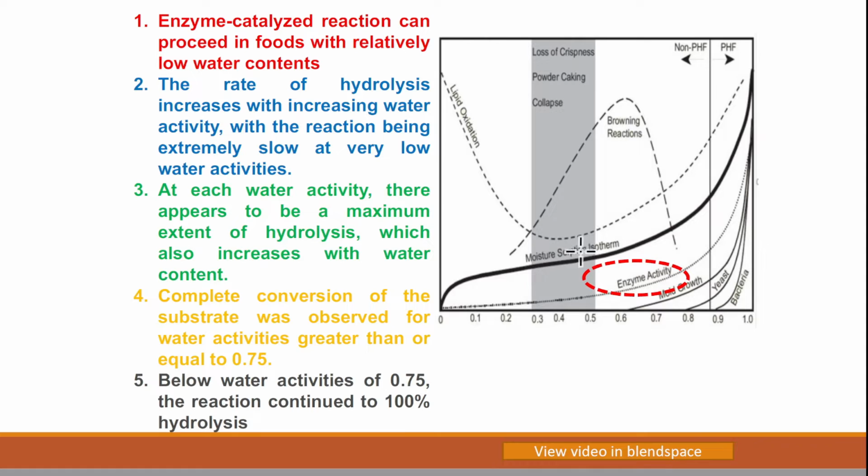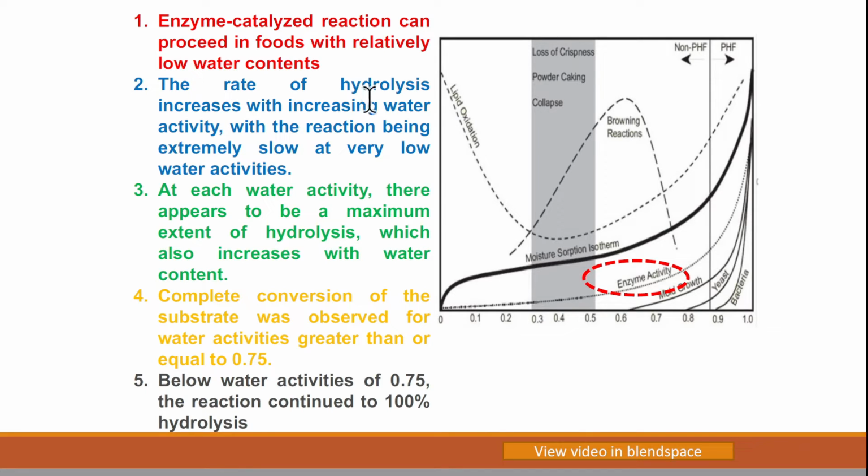As you can see here in the red circle, the enzyme activity can actually be initiated at relatively low water activity values in this region, and then as the water activity increases, the rate of enzyme reaction increases exponentially.